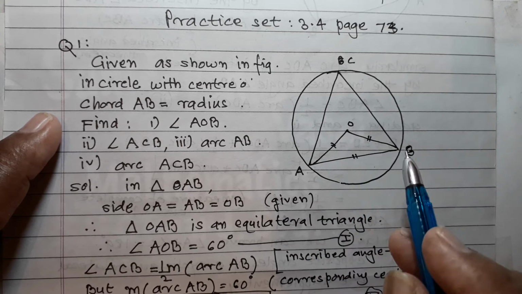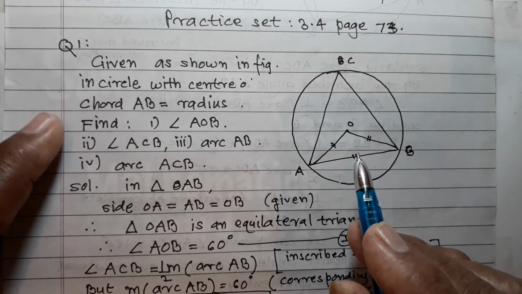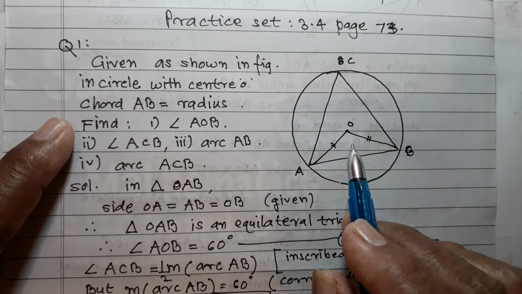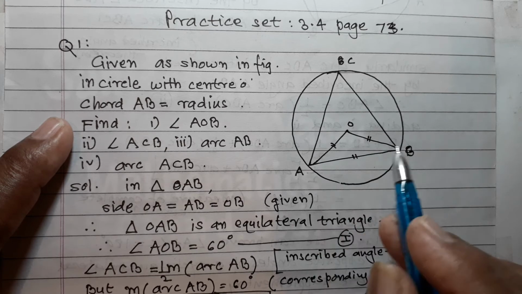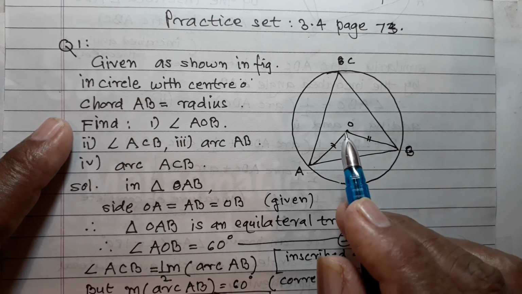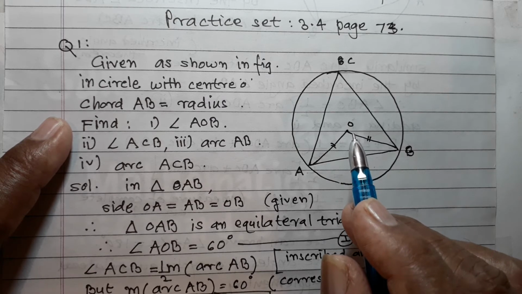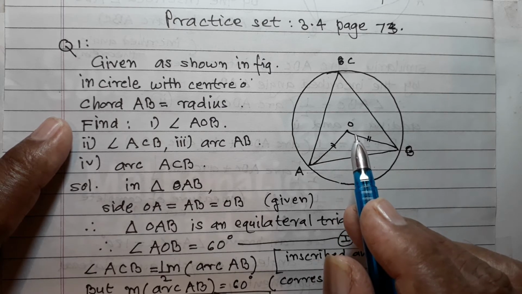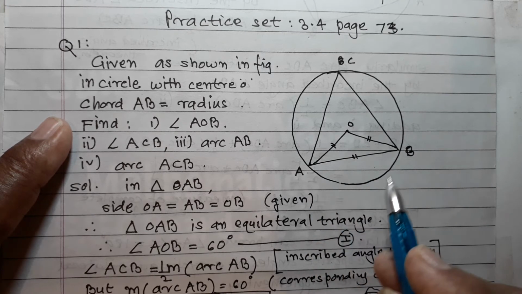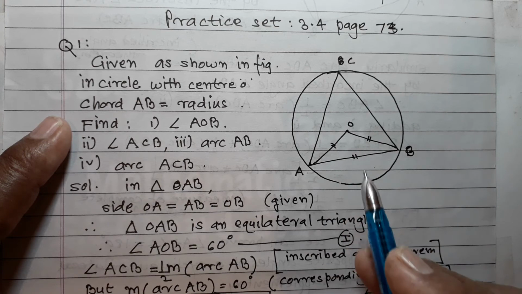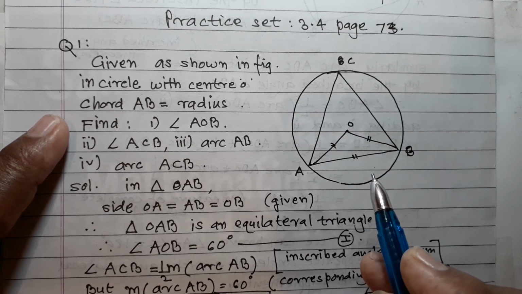So in this triangle all sides are equal, and therefore this is an equilateral triangle, and therefore all angles are equal, and this angle is 60 degrees. Now this is a central angle, and therefore the corresponding arc AB is 60 degrees.